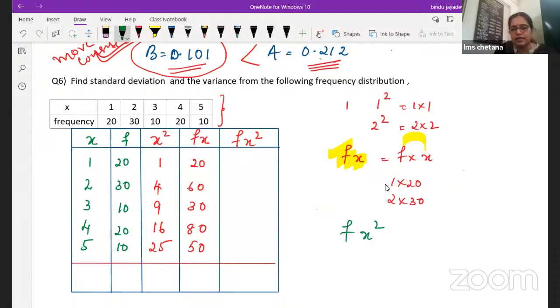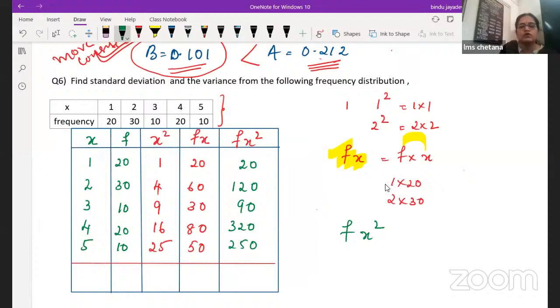1 into 20, again it is 20. 30 into 4, that is equal to 120. 10 into 9, that is 90. 20 into 16, that is 320. 10 into 25, 250. That means we have completed the information inside the table.